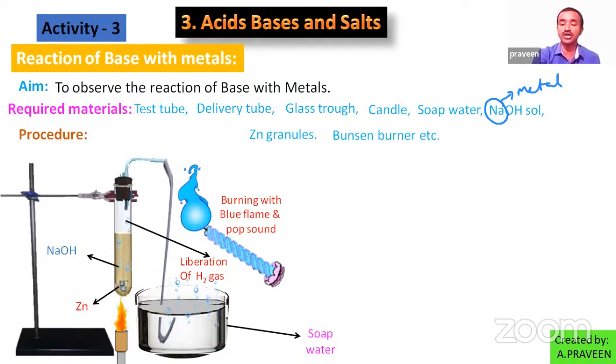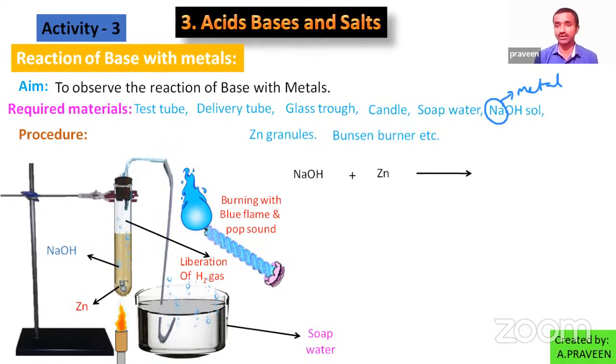From these observations, you are able to write the reaction in the form of an equation. What can we write? NaOH is taken and zinc granules are added. Only two substances are taken here, right? Then the products: I observed a liquid remaining in the test tube.